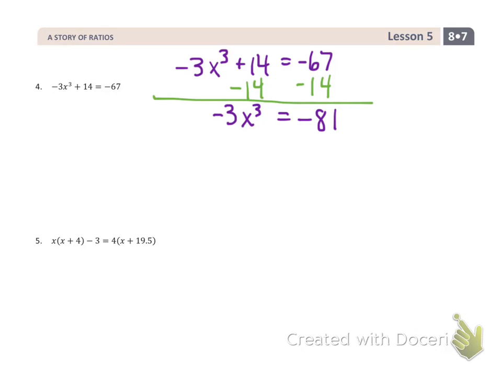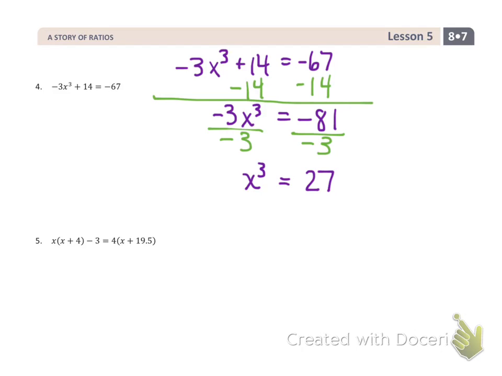Okay. So I want x cubed by itself. To do that, I need to divide by the coefficient of x cubed. Divide by negative 3. I'm going to get x cubed, that's 1x cubed, is equal to positive 27.